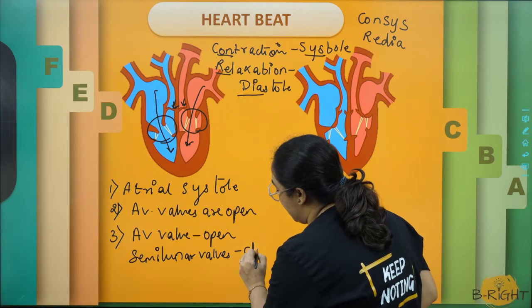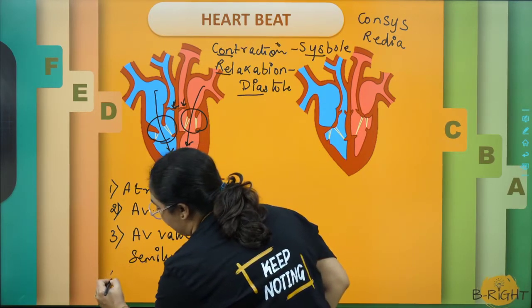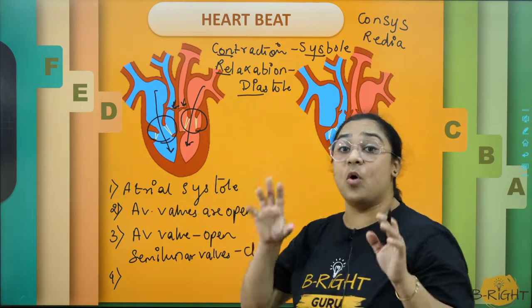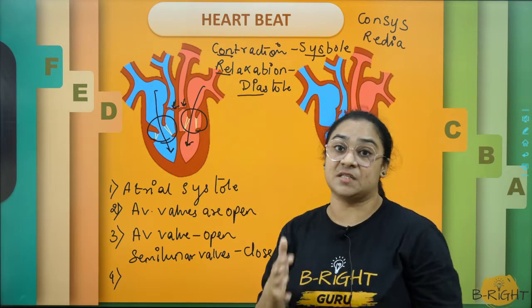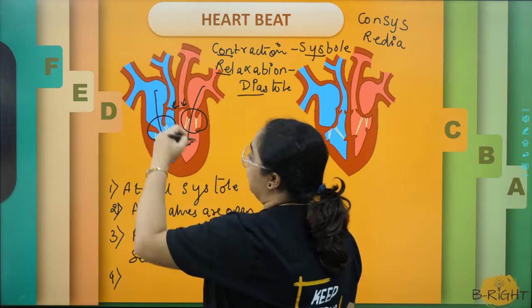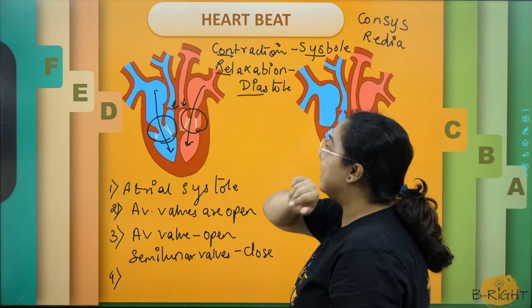Now during this phase, they also ask the fourth question, which is a very favorite question, that during this phase, what is the typical sound that has been produced by the heart? So the sound which is produced, now see यहाँ पे AV valves opened है and semilunar valves closed है.